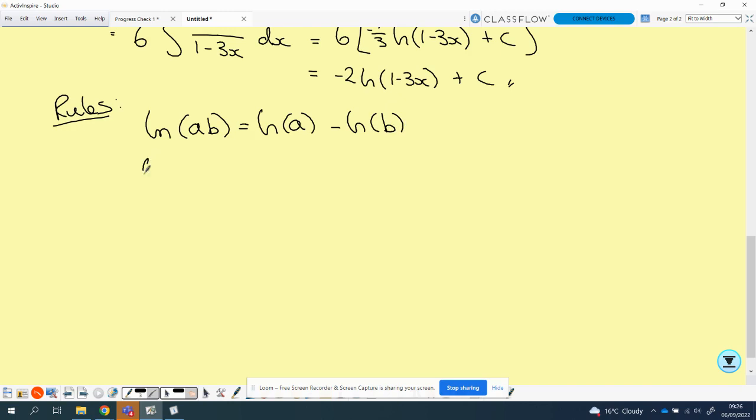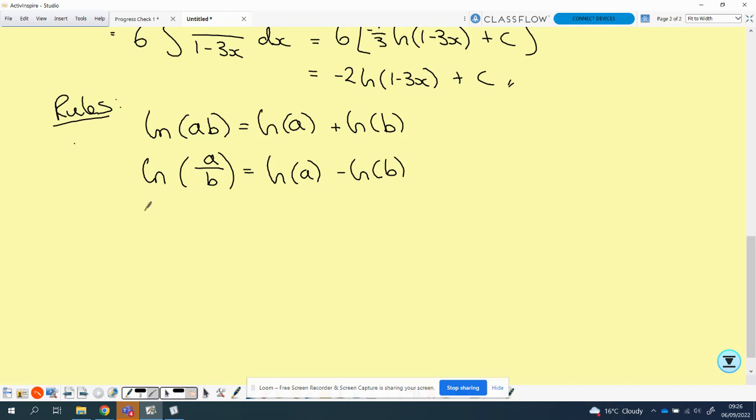So I wrote take away b on the top, should be plus b for that first rule. Okay, we've then also got the rule that if I've got log of a divided by b, that becomes log a subtract log b. Okay, it's take away for the second one.